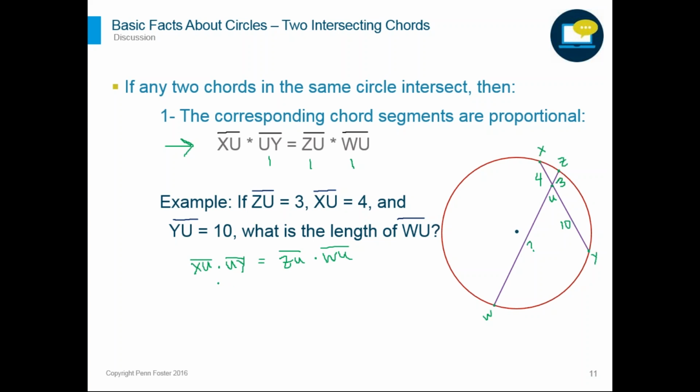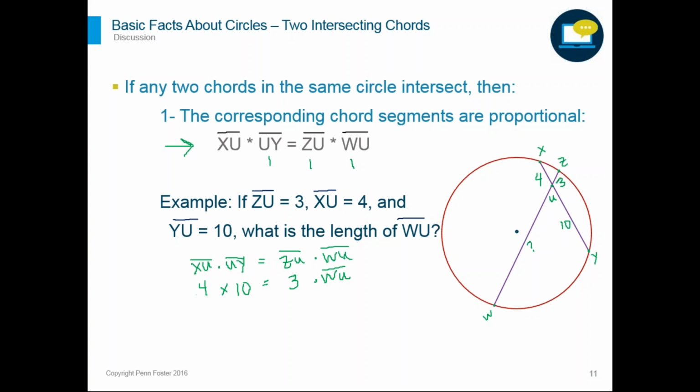Let's plug in the numbers. XU is 4 times UY is given as 10 equals ZU is given as 3 times WU. The only unknown I have is WU. With algebra, whenever we are solving an equation with one variable, one unknown, our goal is to isolate the variable on one side and everything goes on the other side.